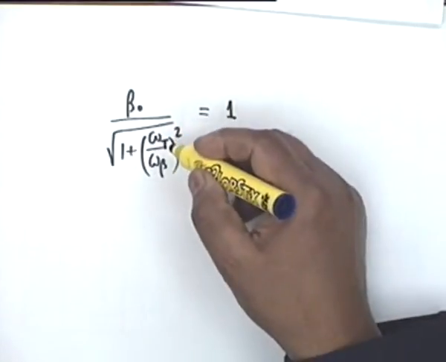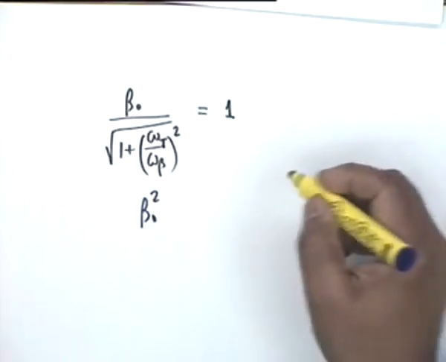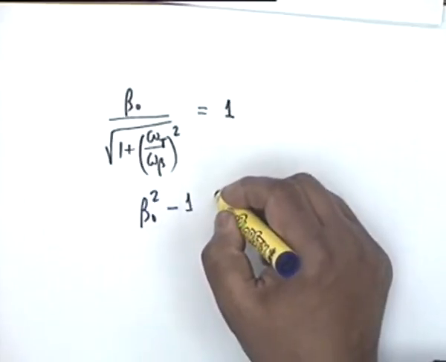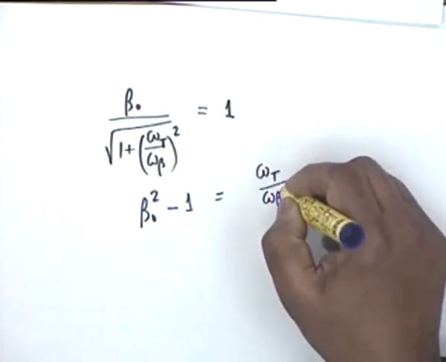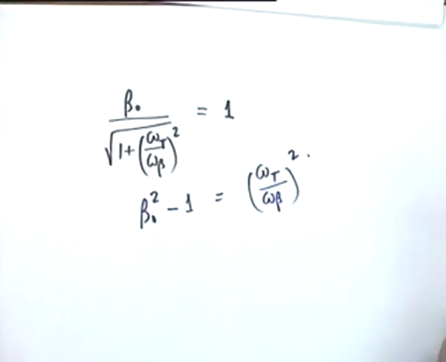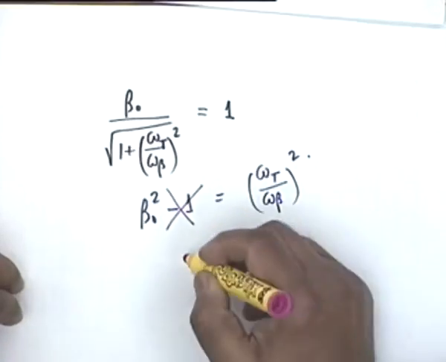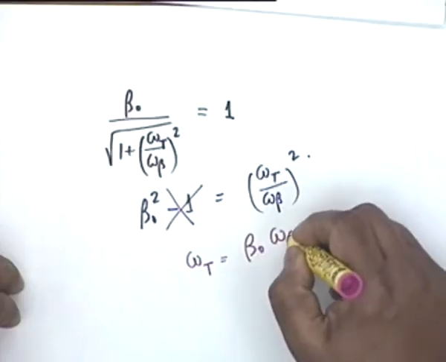If I simplify this, I get beta 0 squared minus 1 equal to (omega t by omega beta) whole squared. As compared to beta 0 squared, this 1 is negligible, and therefore omega t is equal to beta 0 multiplied by omega beta.